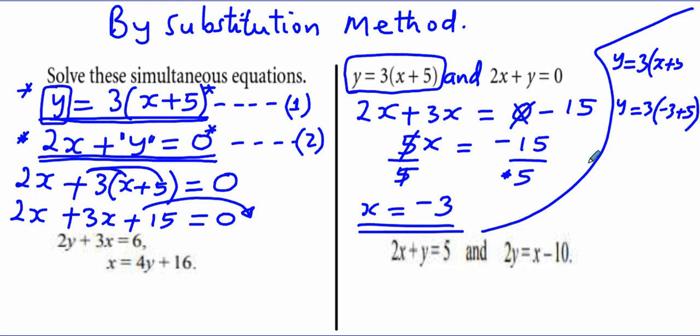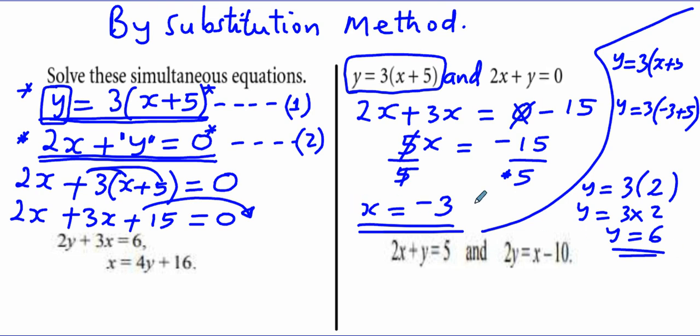See that? Now y equals 3, with negative 3 plus 5 in brackets. Negative 3 plus 5 will be equal to 2. So this means 3 times 2, and y will be equal to 6. See that? So y is 6, x is negative 3.